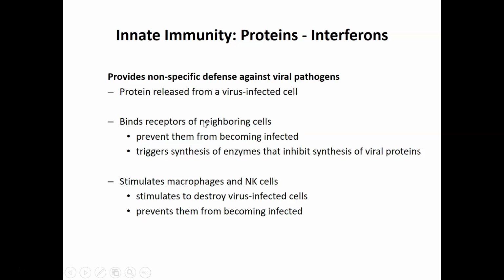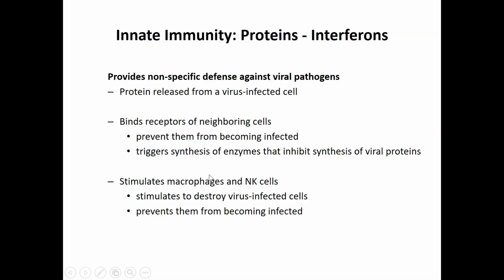In the neighboring cells, interferon triggers them, alerts them basically to start making chemicals that are going to prevent the virus from infecting them or reproducing inside of them. Okay, so interferons cause neighboring cells to interfere with virus infection. All right, that's one thing they'll do. Sound the alarm to neighboring cells.